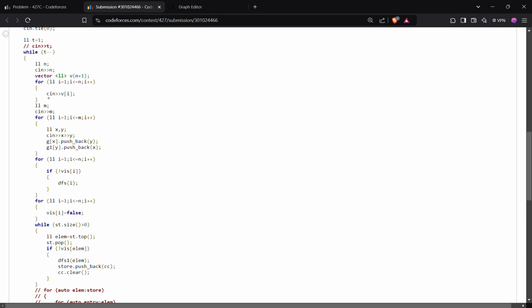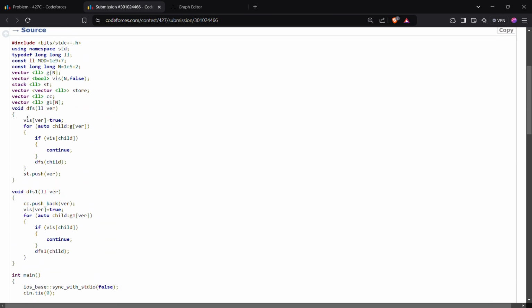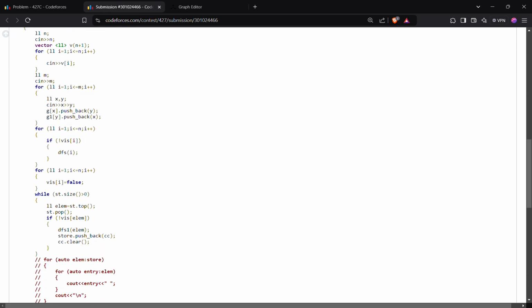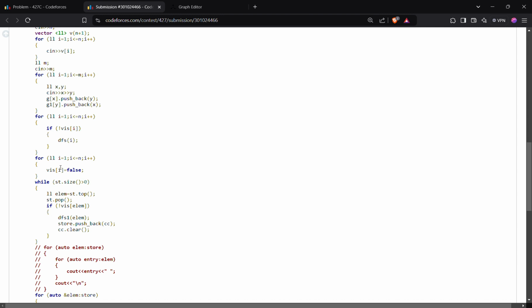So basically taking the input, performing the first type of the DFS operations to fill up the stack. So we are filling the stack here. That is what Kosaraju's algorithm states to do.